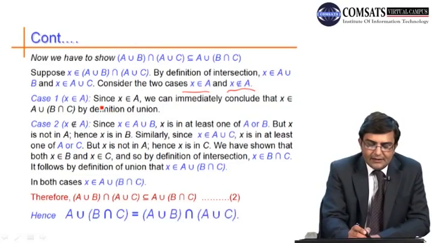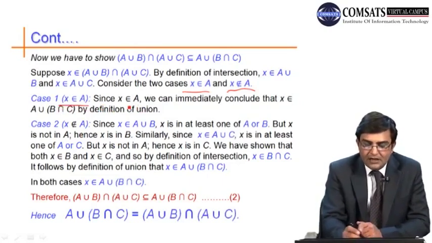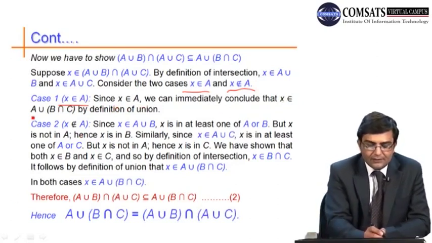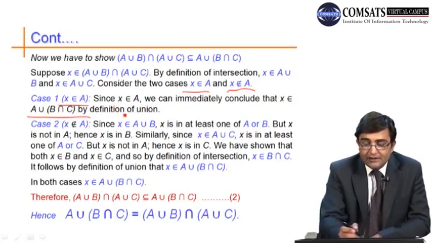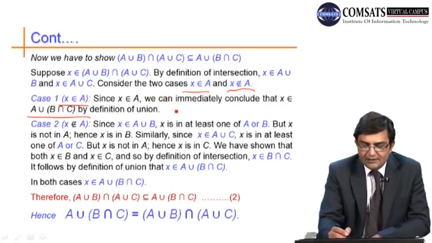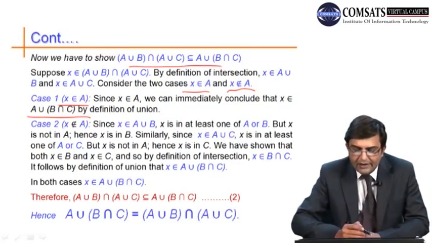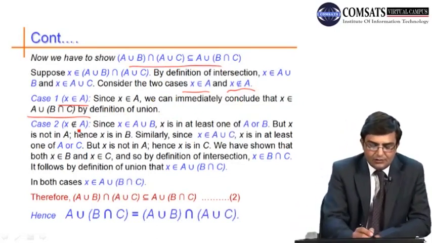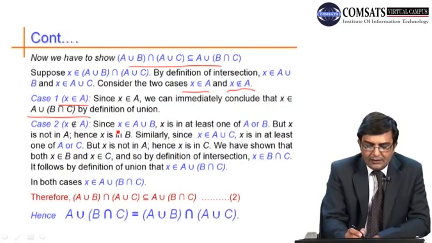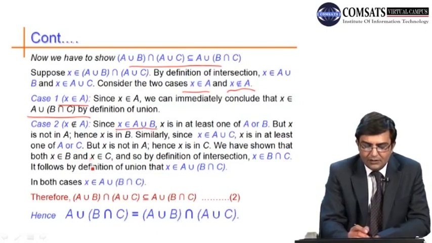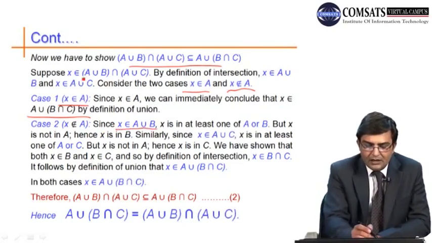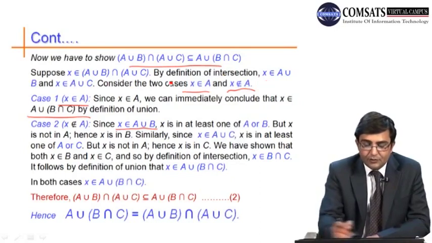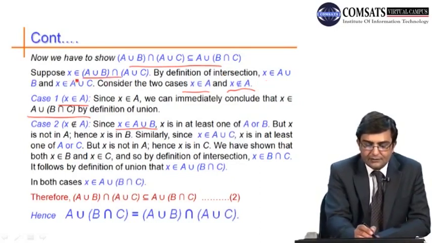So in the first case, we suppose that X belongs to A. Here, if X belongs to A, then we can conclude that X belongs to this set, and by the definition of union, then we can say that the left set is a subset of this set. In the second case, when X doesn't belong to A, we have that X belongs to A union B, because we have supposed that X belongs to this set.